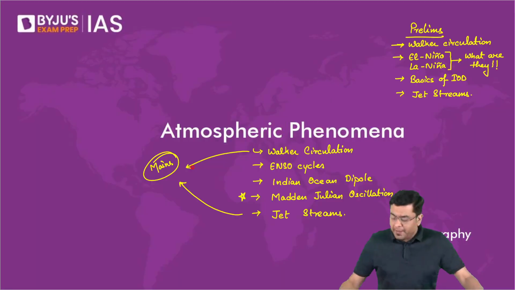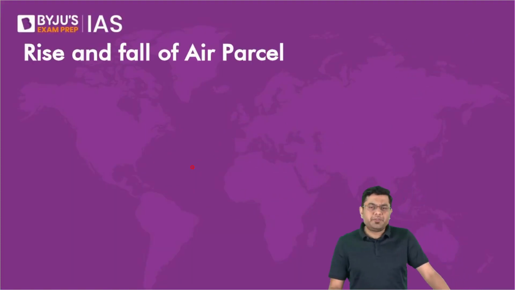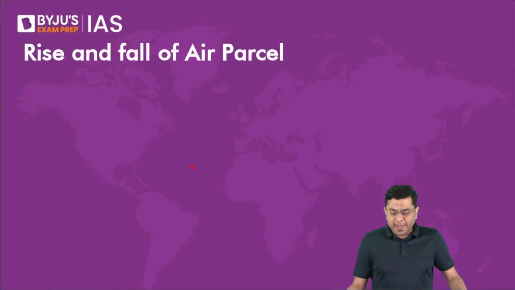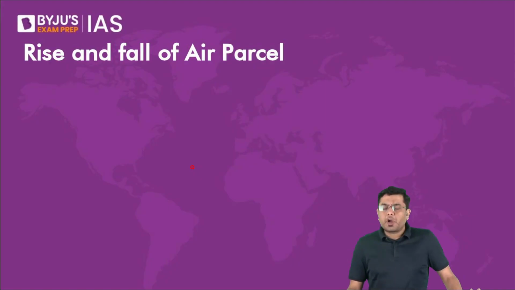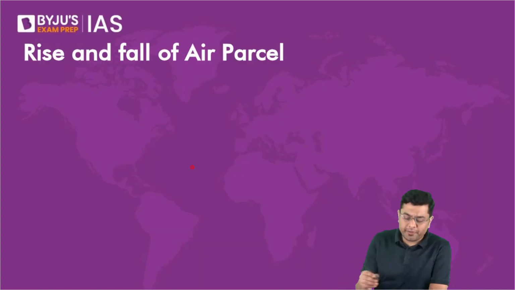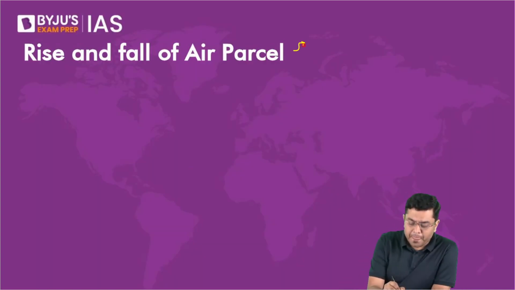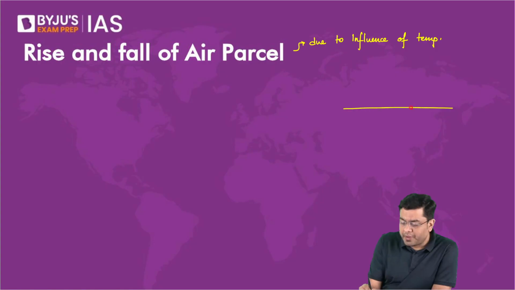Okay. So here, when we move ahead, first of all, we talk about the very basic of the rise and fall of air. So when we talk about the influence of temperature on the rise and fall of air, let's suppose due to influence of temperature. Now, what do we observe? A region which is warmer. Let's suppose this is a region which is warmer.